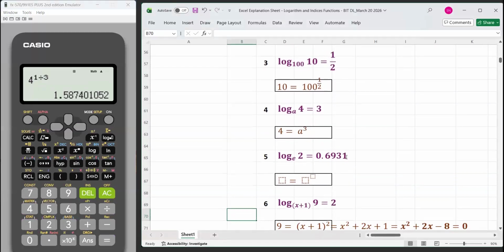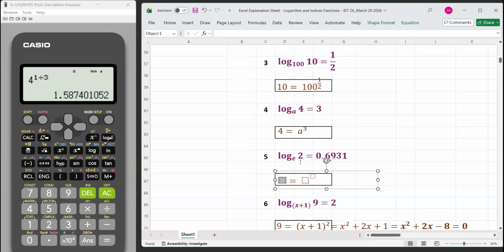Okay. Again, maybe one more. What about number 5? How do you change this to exponential form? Anyone who can volunteer to change this for us.